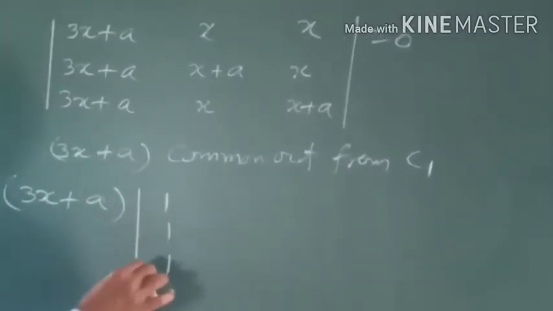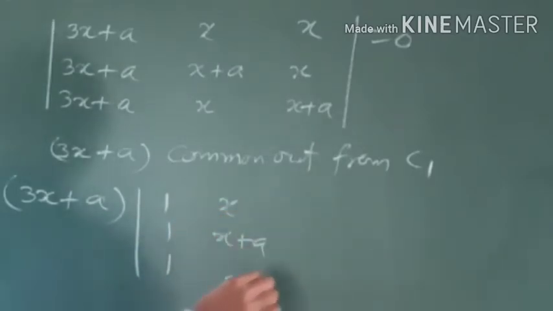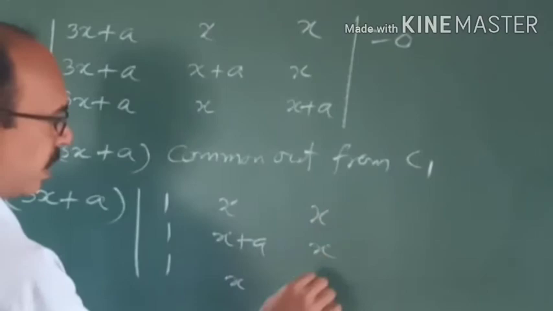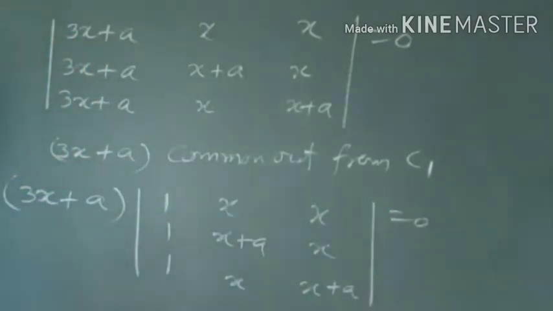See, only 1 remaining. So x, x plus a, x, x, x and x plus a, which is equal to 0.